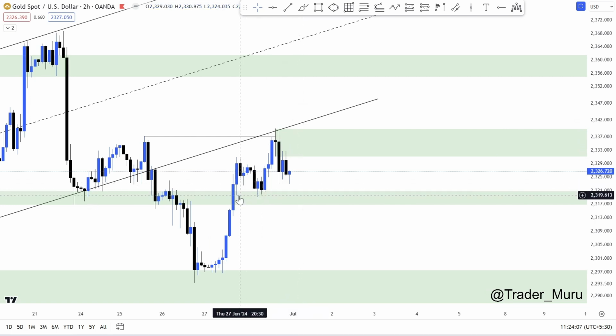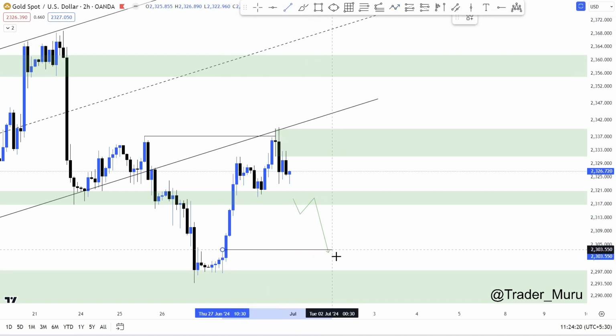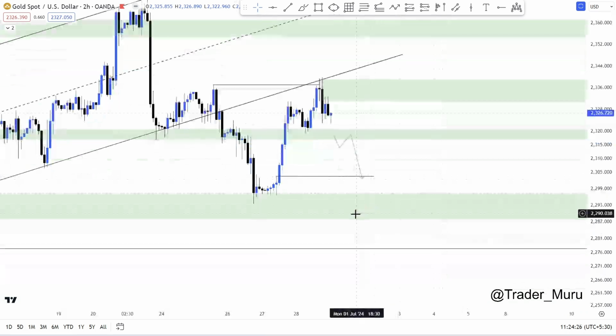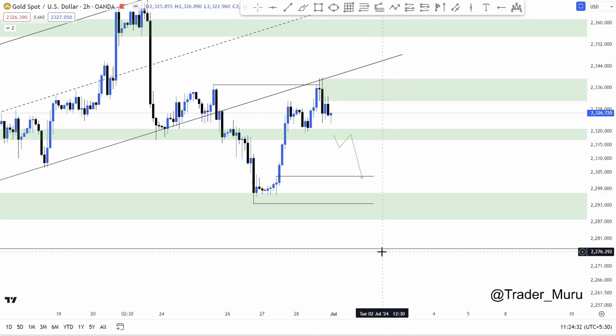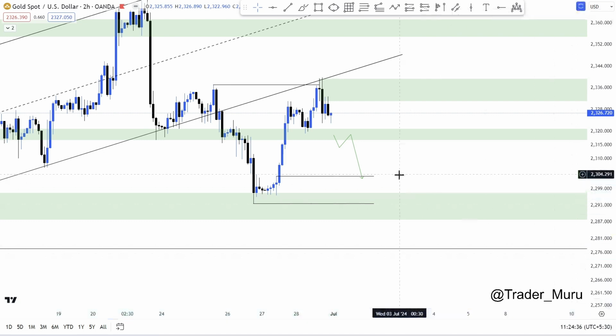If it breaks below this low and this green zone, you can expect a volatile drop here. Your first target should be this high because this is a demand zone, and your second target will be this low, and if this low breaks, then your final target would be here, 2277.